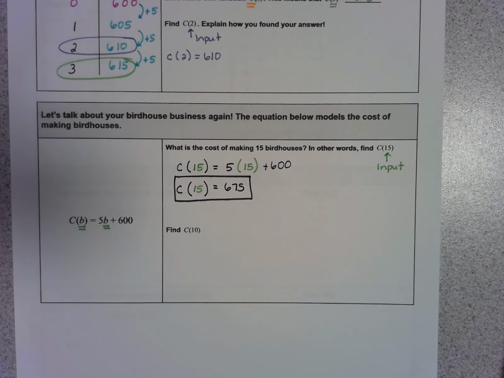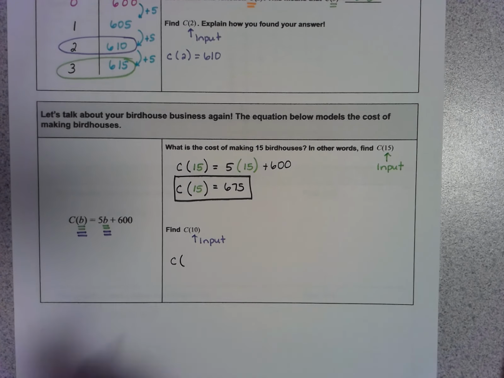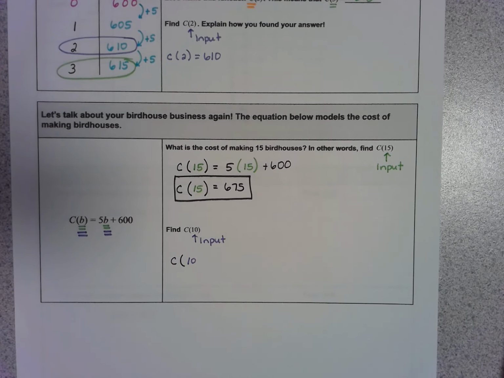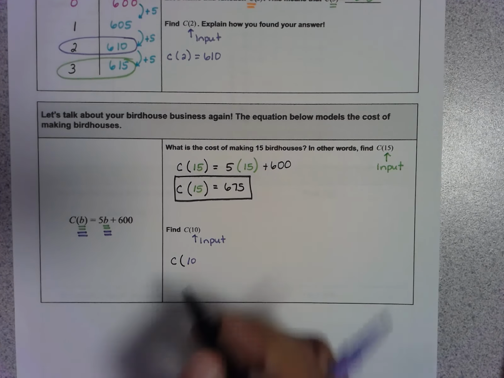Let's say now we changed it up and we asked you to find C of 10. Once again, we want our input to be 10, just like here our input was 15. So we're going to take this same equation, and all the places where we see a b or the input, we're going to change it to a 10. So I would say C of 10 is equal to 5 times 10 plus 600.